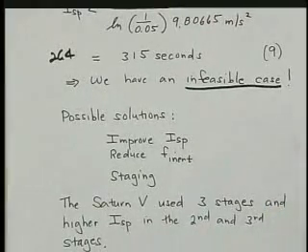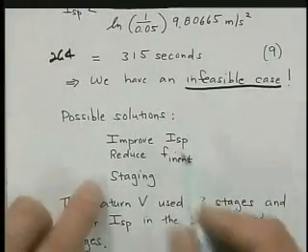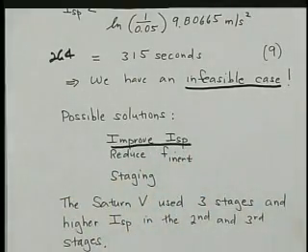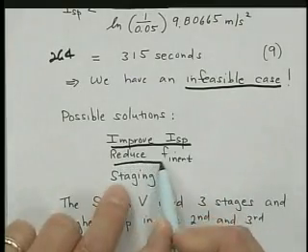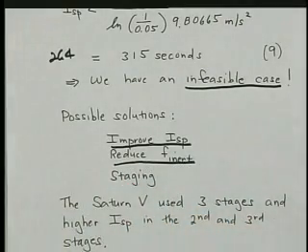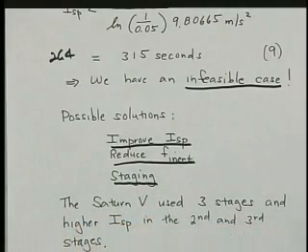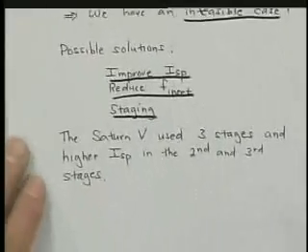How do we fix this? Well, possible solutions are improve the ISP, use a bigger value for the specific impulse, reduce the inert mass fraction to even less than 5%, or use staging. So instead of one stage, use two, or say 3 stages.